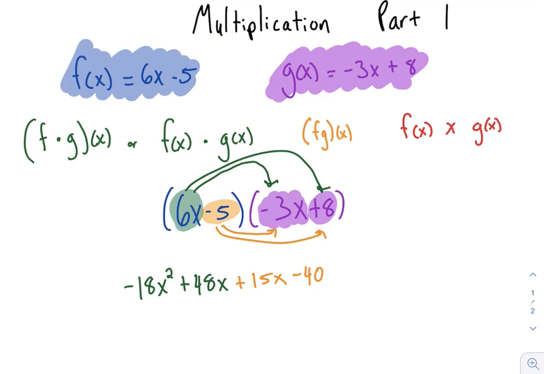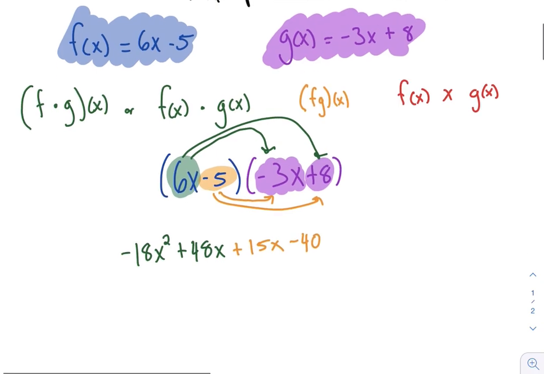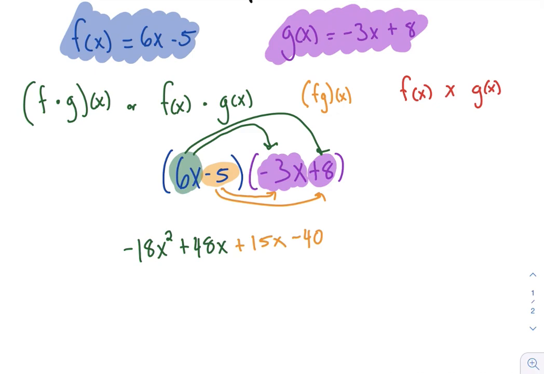Okay? Now we're done with the multiplying part of the operation on the functions here. But what we're also going to need to do is combine like terms. And this kind of gets treated the same way that we did the addition problem, or even similar to the subtraction. We're going to combine the like terms. So in this case, I'm going to go through x squared. There's only one, so that's the negative 18x squared. But then for the x terms, there's two of those.